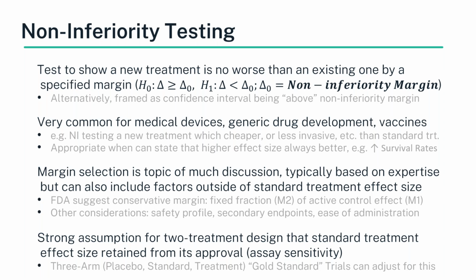Now, because of the addition of a placebo group to this design, it's only feasible to use a 3-arm trial when it's ethical to do so, because when you're doing a non-inferiority trial, it means that there's already an existing approved treatment for whatever condition you are looking to introduce your new treatment for. And so taking a patient off of this standard treatment to go on the placebo arm is only going to be an option in certain cases.